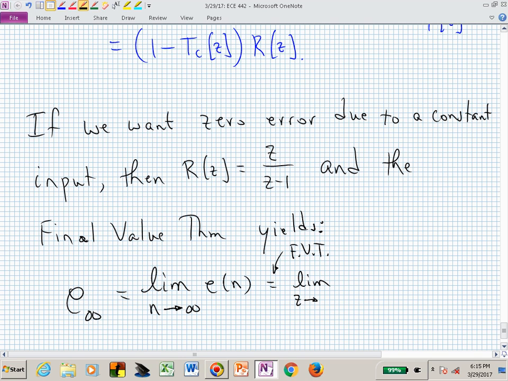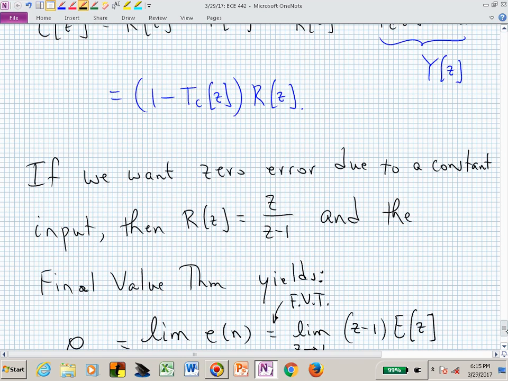You remember? So the time goes to infinity, Z goes to its DC location, which is z going to 1, and now we have z minus 1 times the z transform of little e of n.